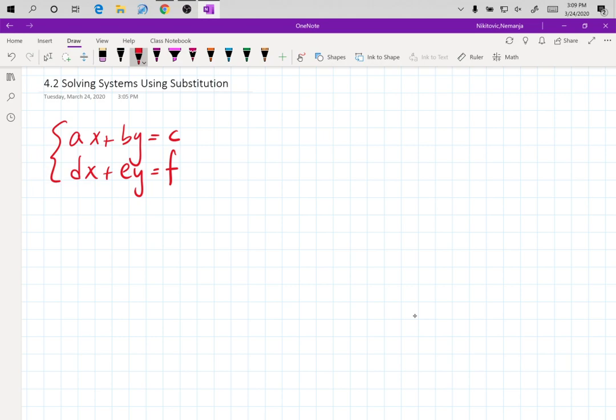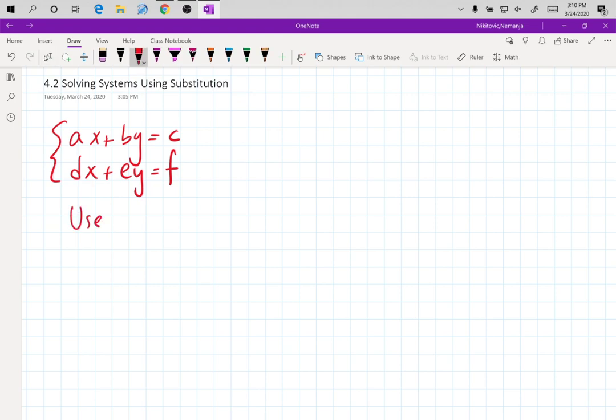A system of linear equations can be solved using the graphical approach, which was 4.1, substitution, which is what you're learning now, and then there is also the elimination method. You can use matrices and a whole bunch of other stuff later on. But now we're focusing on the substitution method. The way it works is you solve one of the equations for either x or y and substitute that into the other equation.